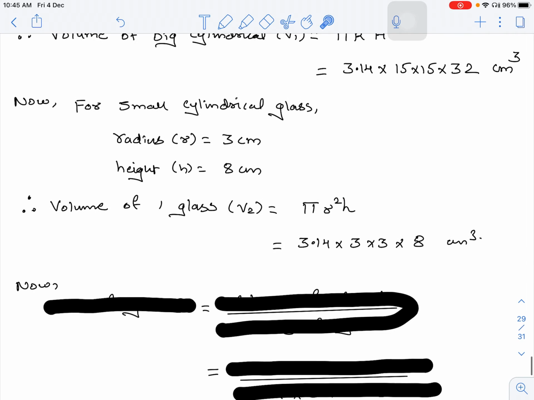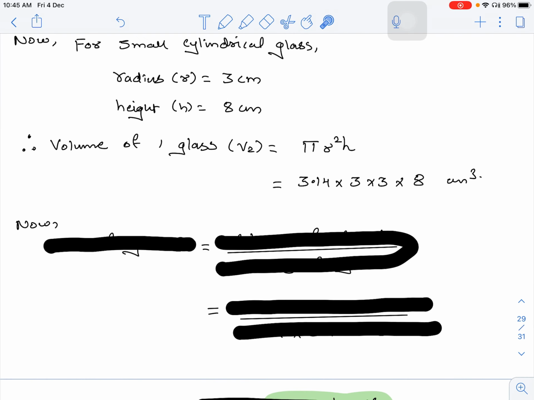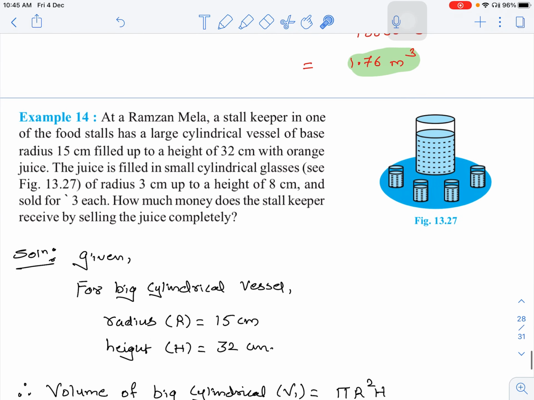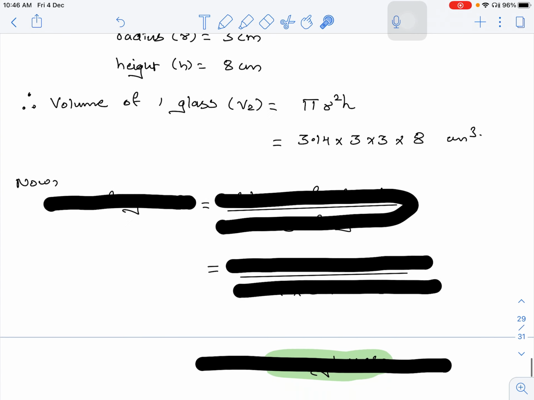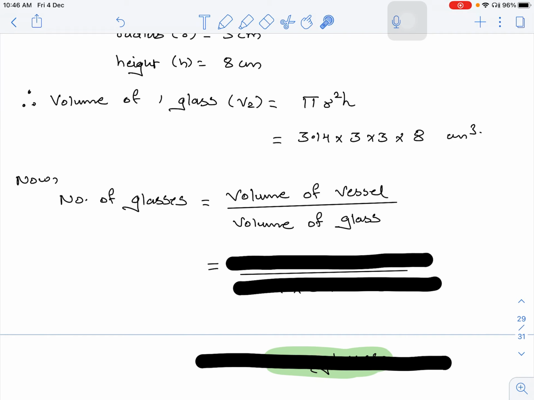Now we have the volume of both the bigger vessel and the glass. Now we have to find first how many glasses are sold, or this volume equals how many glasses. For that we find number of glasses equals bigger volume upon smaller volume, that is, the volume of vessel divided by the volume of each glass.